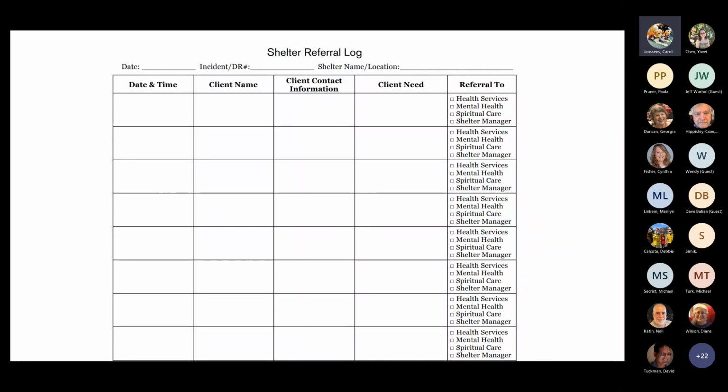If you already got them the help they need, you don't need to do it. So it's just a way to keep track of them so we don't forget them. And then you just check the box over here on what service they need, whether it's health services, mental health, spiritual care, or the manager.